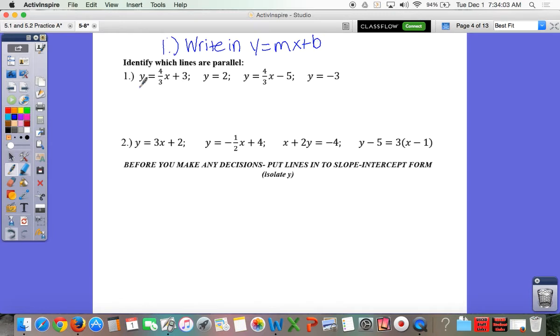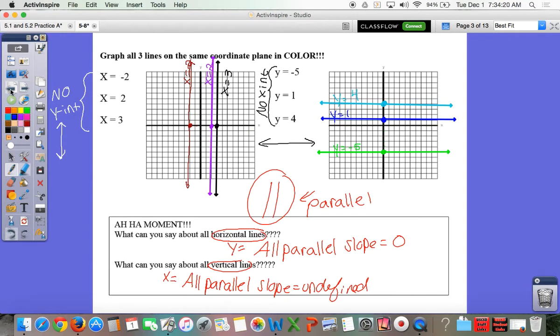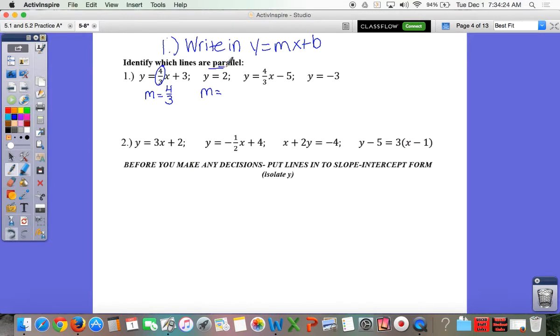So let's look at this one here. Is this in y equals mx plus b? Sure is. We know here that the slope equals 4/3. How about the second one? Sure. But here the slope for y equals 2, remember y without an x, look back here. These are all horizontal lines, so this has a slope that's 0.